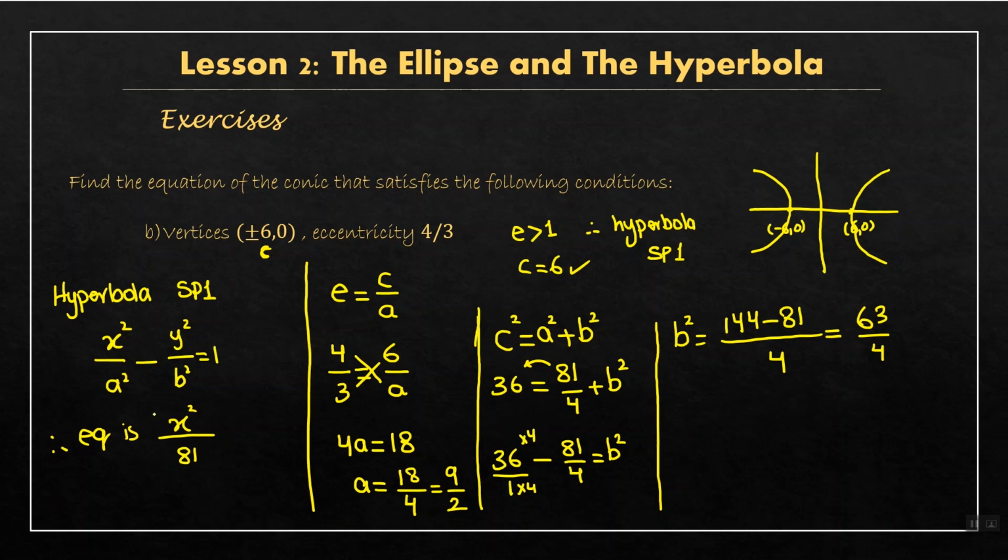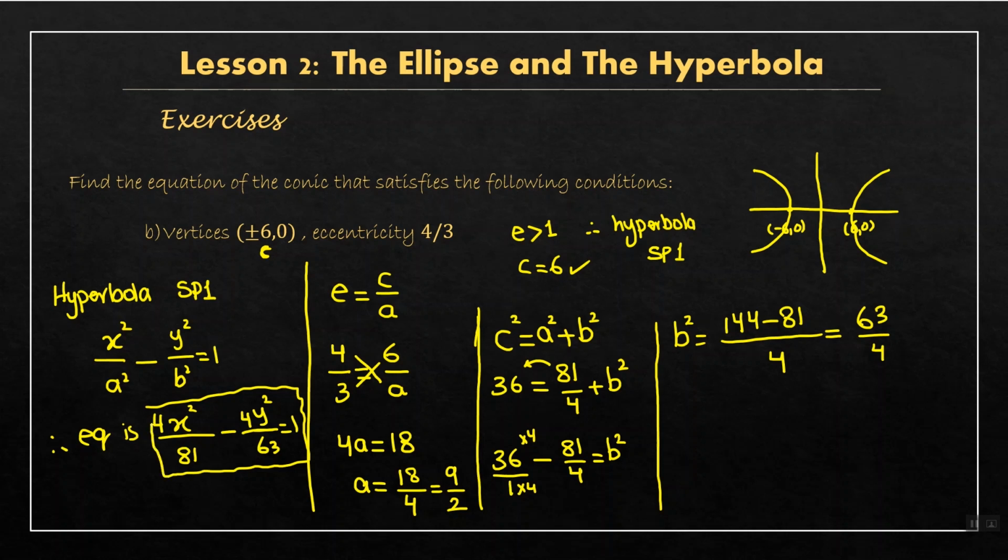So I'm going to write the 4 here. It is 81 over 4. I'm going to take the 4 to the numerator. You've seen this in physics, I guess. Minus y squared over 63 over 4. I'm not going to write over 4 here. I'm going to flip it. It's keep, change, flip, equals 1. So this is the equation, or the required equation, of the hyperbola.